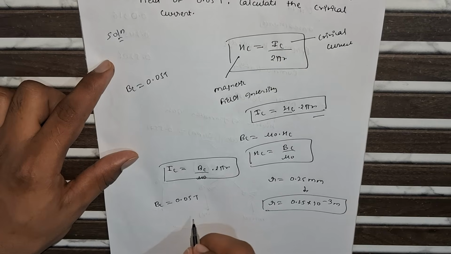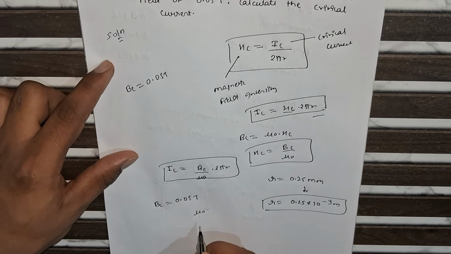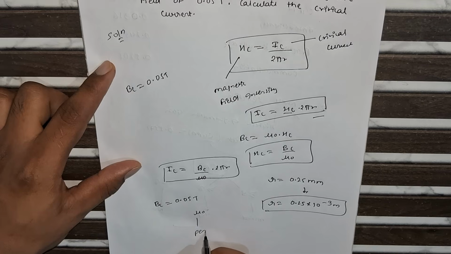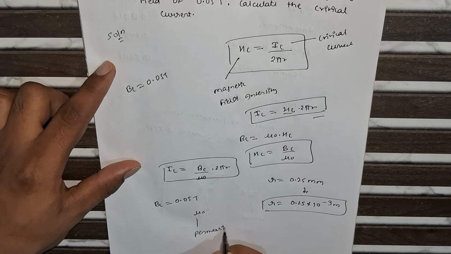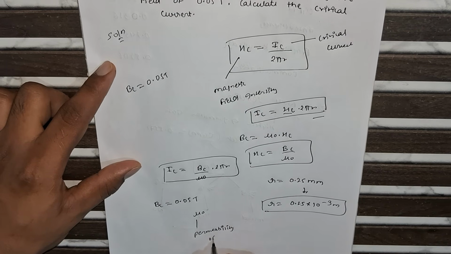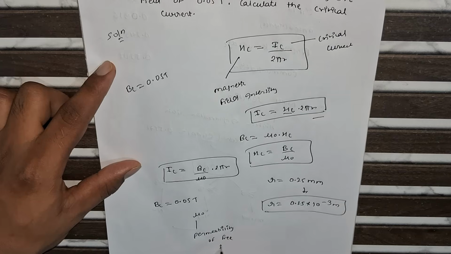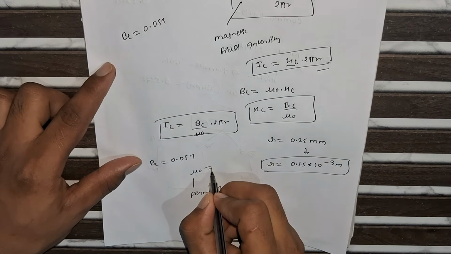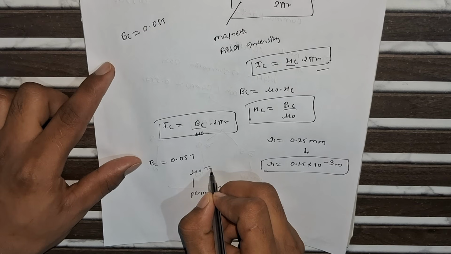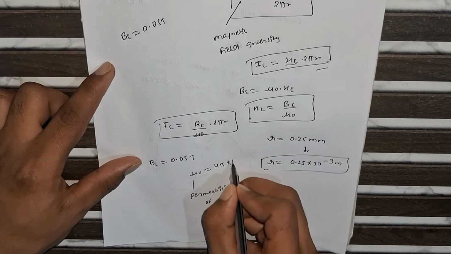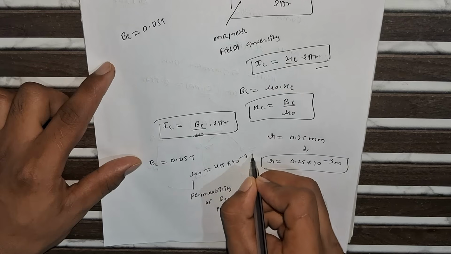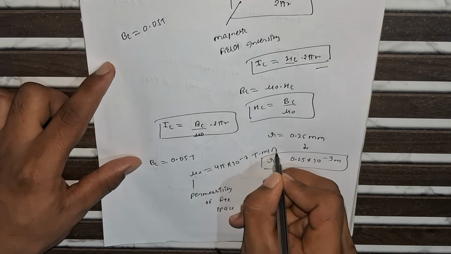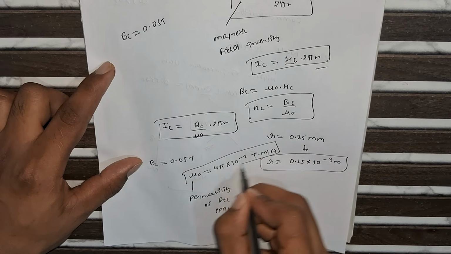What is the value of mu naught, which is nothing but the permeability of free space. This is a constant value, you should remember, otherwise it will be given in the formula book which will be provided in the examination, which is 4 pi into 10 to the power minus 7 Tesla meter per ampere. This is the constant value.